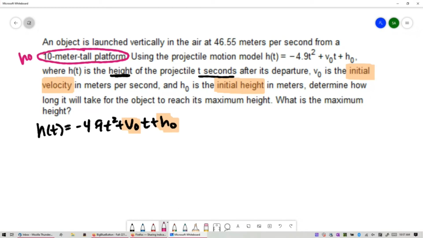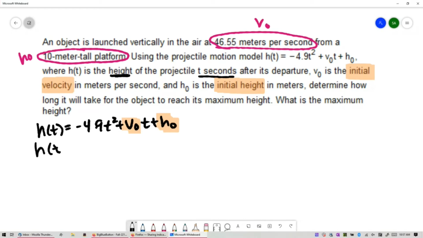And we're given that the object is launched at 46.55 meters per second. That's our initial velocity. So let's substitute those values in.